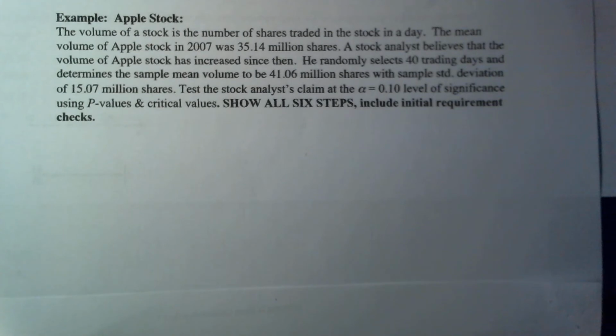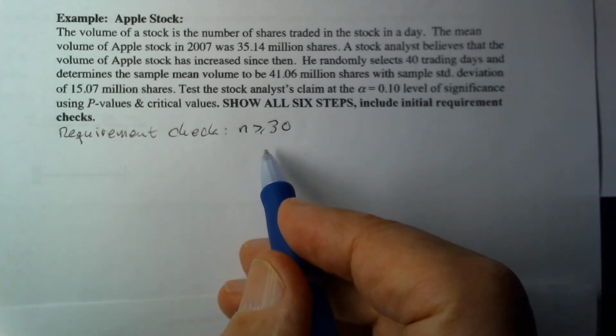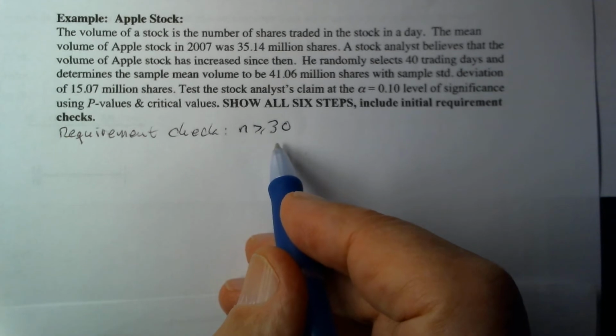So here's the problem statement in terms of what we're supposed to test. Test the analyst's claim at the alpha equal 10% level, or 0.1, level of significance, using p-values and critical values. So first of all, we do a requirement check, and n is certainly greater than or equal to 30.